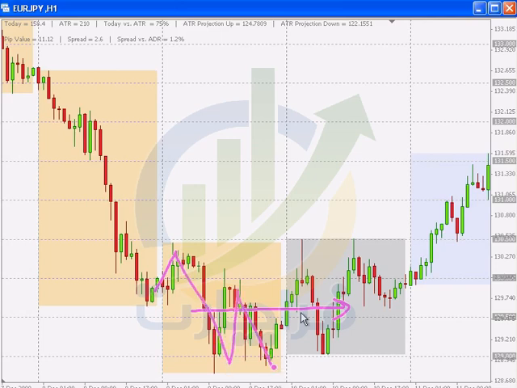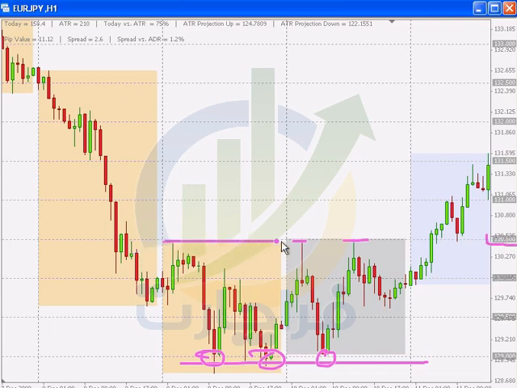Basically, price has been flapping sideways, hasn't it? So we can certainly define our level of support with this triple swing low there, okay? And also we can find price topping out at the 130.50, okay? Here we get a triple swing point high.